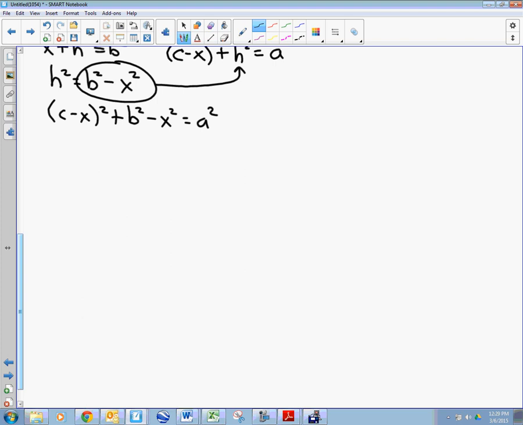But we do come up with a problem. Let's square this. What do I get? c squared minus 2cx plus x squared plus b squared minus x squared equals a squared.